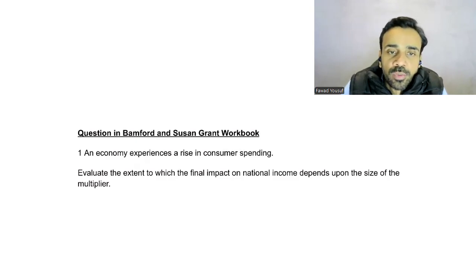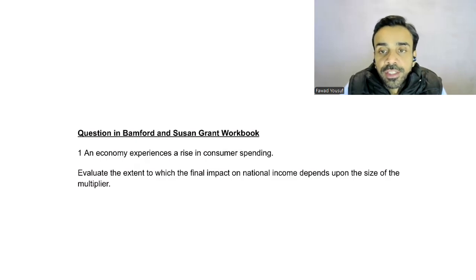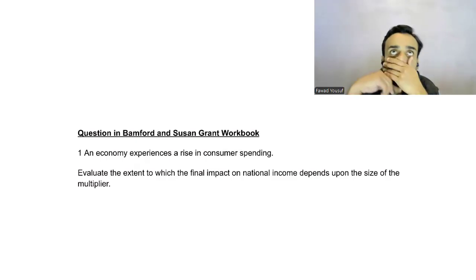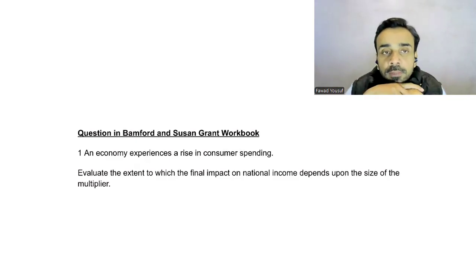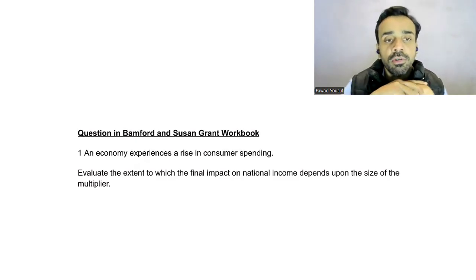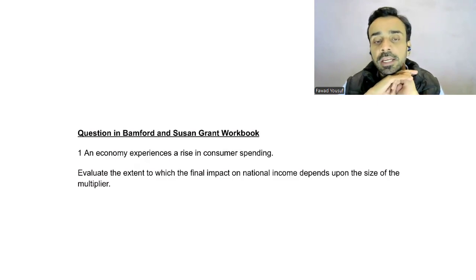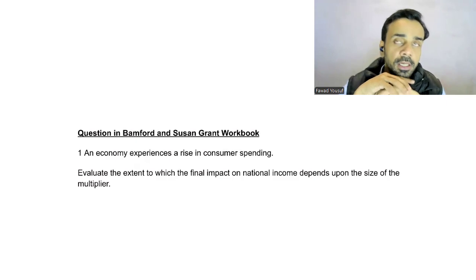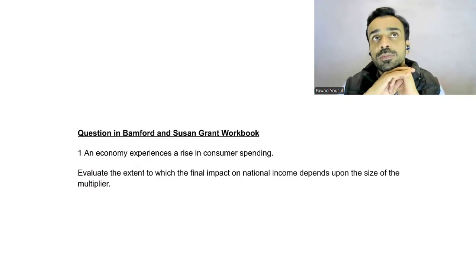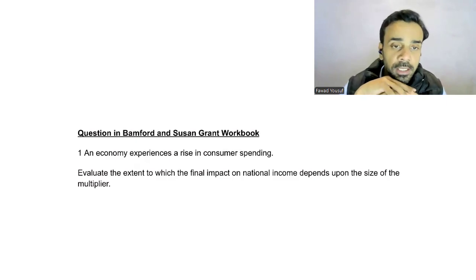Evaluate the extent to which the final impact on national income depends on the size of the multiplier. So mainly your first part, the first 14 marks, is about explanation of multiplier, uske formulas in maybe like a 2, 3, 4 sector. Explanation of if the multiplier number is big, what does that mean? If the multiplier value is small, then what does that mean?